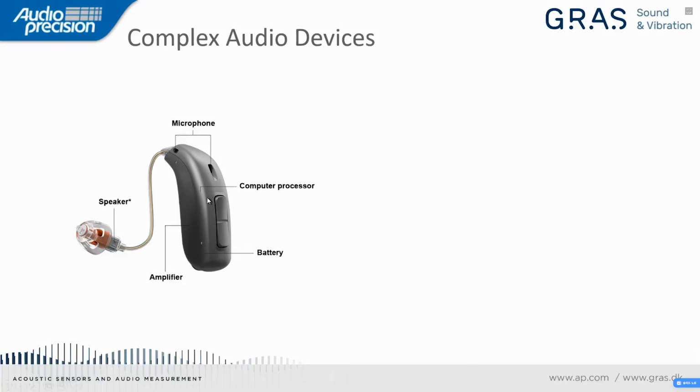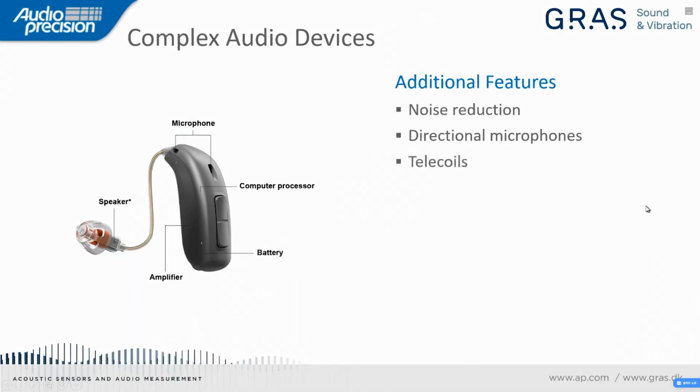They can have directional microphones to help the hearing aid determine the source of the incoming sound. They can have support for telecoils. So this is a magnetic coil that allows the audio to be transmitted via a loop around the building, or in some cases from a telephone receiver, so that the audio can be transmitted via magnetic field rather than acoustically through the air.